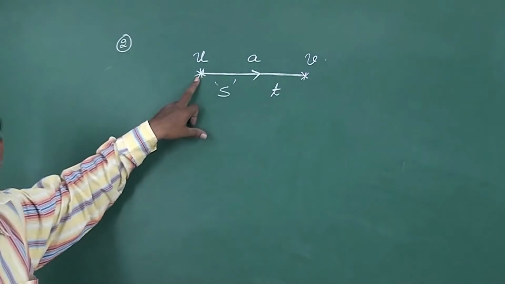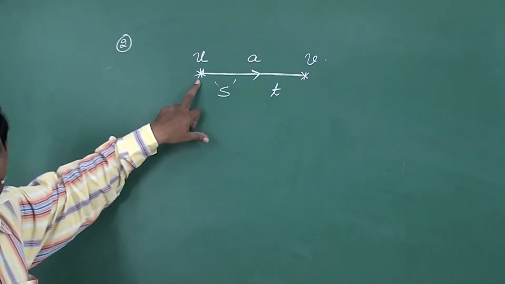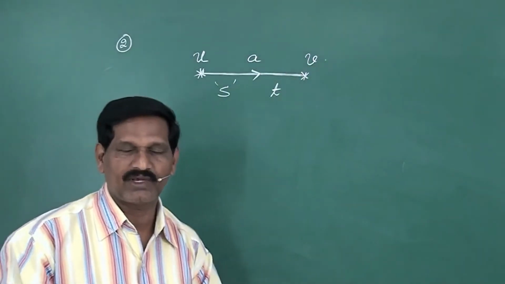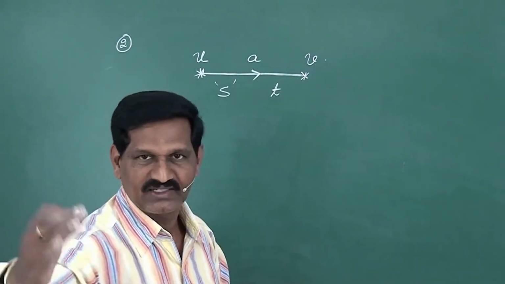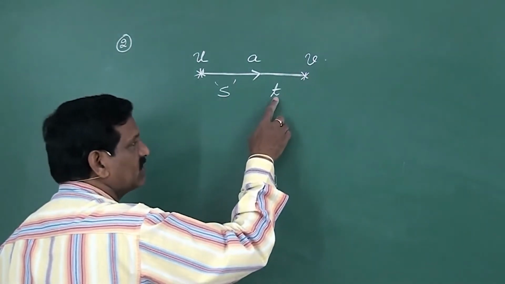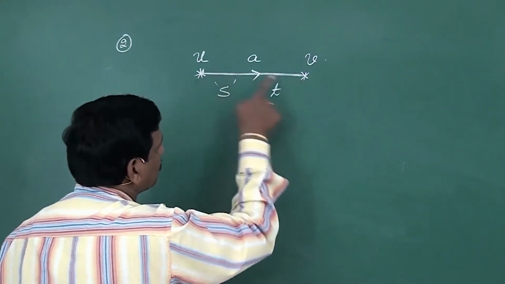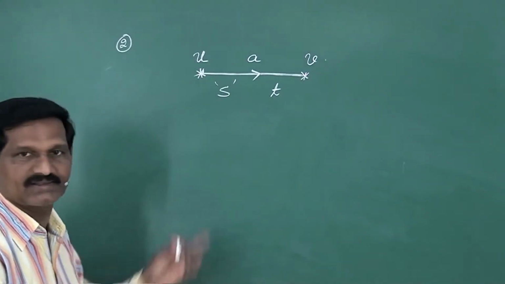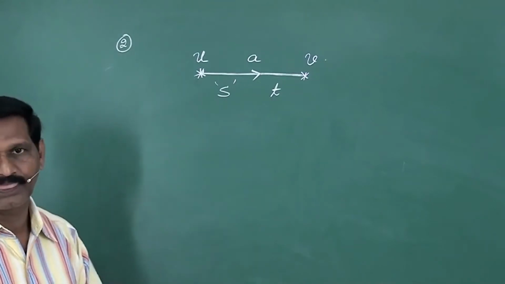So the body starts with initial velocity u and moves with uniform acceleration. Uniform acceleration means as time proceeds its velocity increases, and it acquires a velocity v in a time of t. Let the displacement covered during this time t be s.